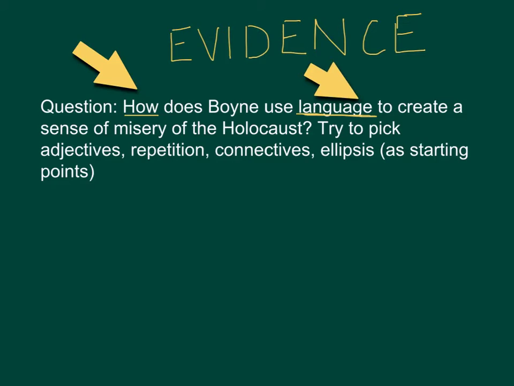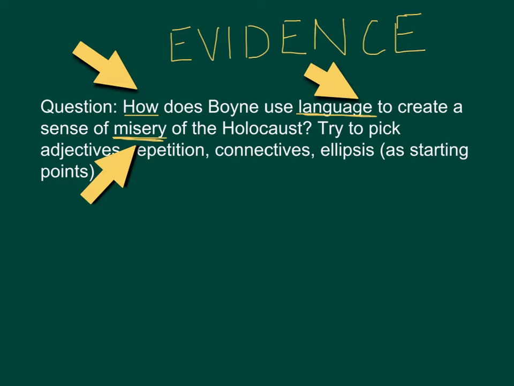Okay, so the third and final word that we are going to need to focus upon is misery. So you need to be showing how the language that he's using creates a miserable feel. So you're going to need to be picking out words with negative connotations.